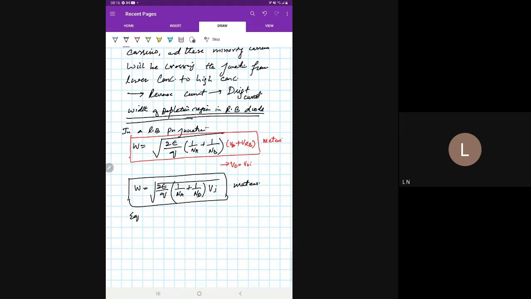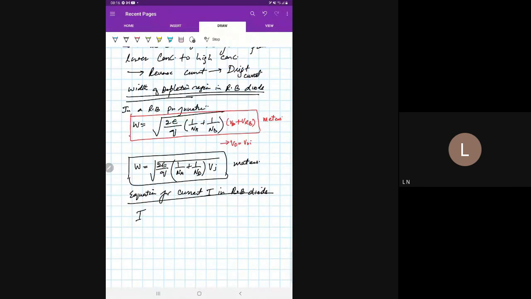Now the equation for current I in a reverse bias diode. What is the relationship of current in a reverse bias diode? The current in a reverse bias diode will be opposite, and it is given as minus I of S into e to the power minus V divided by eta Vt minus 1.